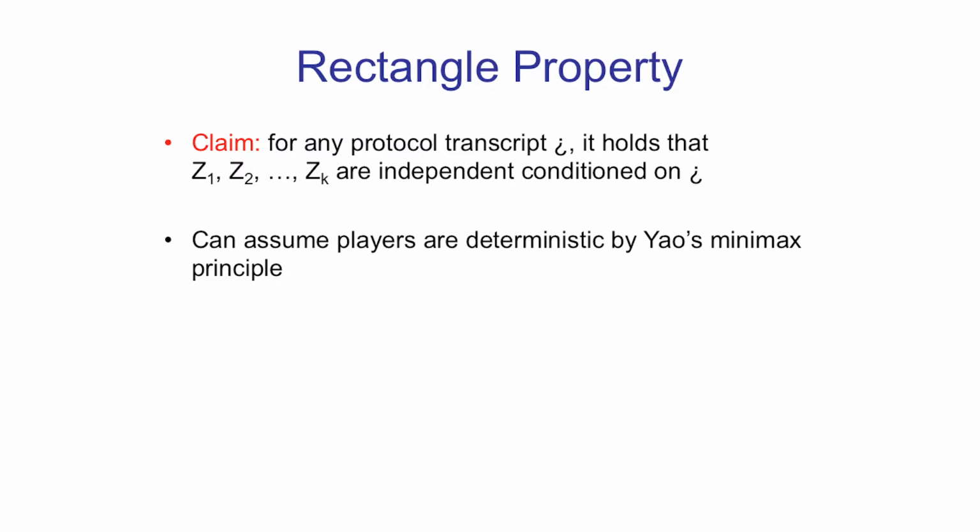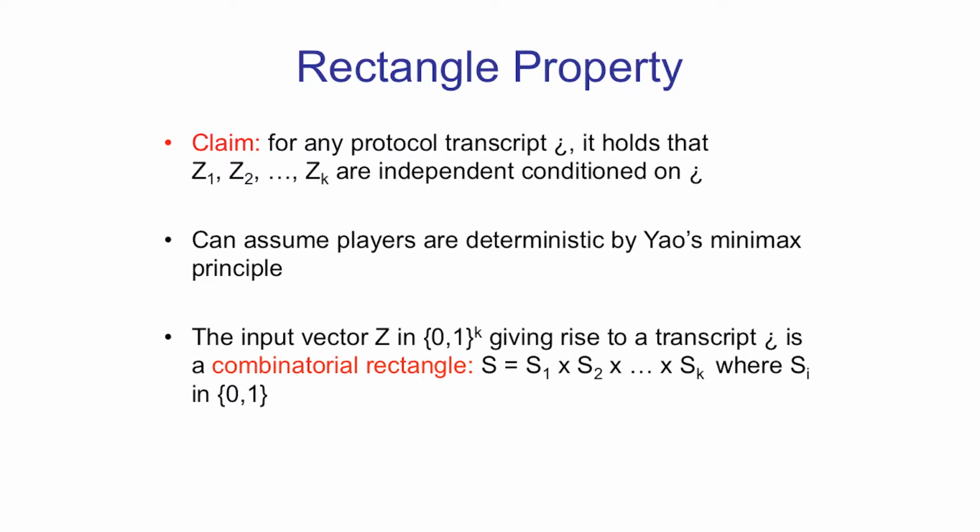Just to see this, it's an application of the rectangle property. We can assume the players here are deterministic by Yao's minimax principle, because there's some fixing of the randomness which is good for that input distribution. Now, what is the input to the players in this case? It's a bit vector of length k, these k coin tosses. And it gives rise to a transcript tau, the set of things that go to this transcript.